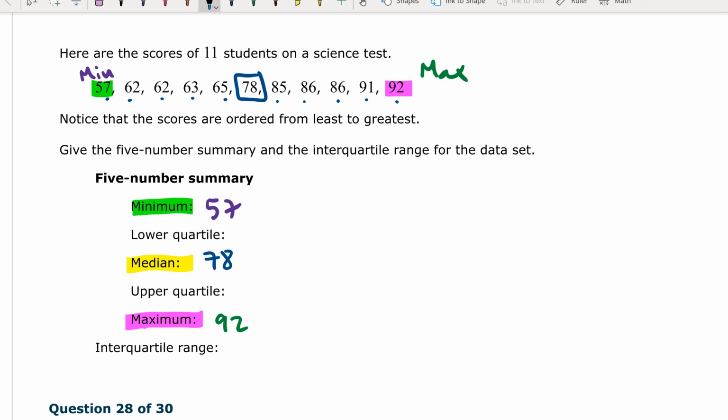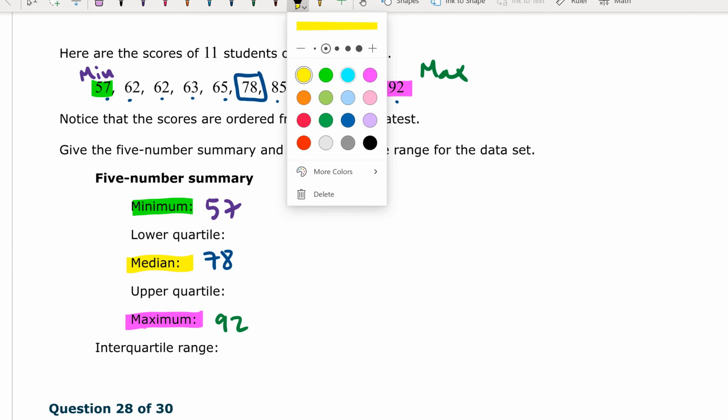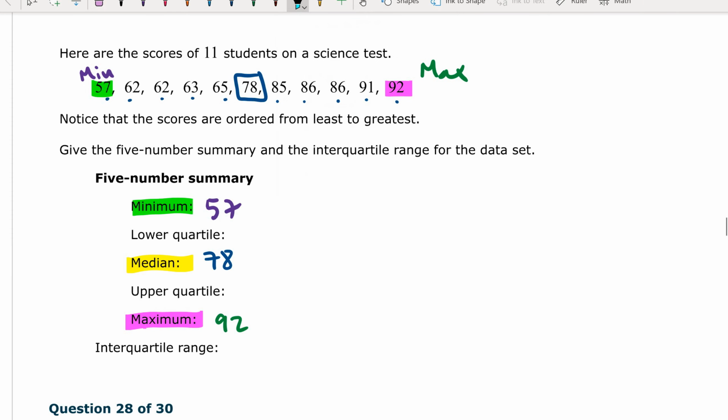So they ask you for the lower quartile, which means the median of the lower set. Okay, so here is our lower set, which does not include 78, because we used 78 for the median. If there's two numbers in the middle, then it's split in half, and that number still counts in the lower and upper set. But in this case, it's exactly at 78, so you're going to cross that out.